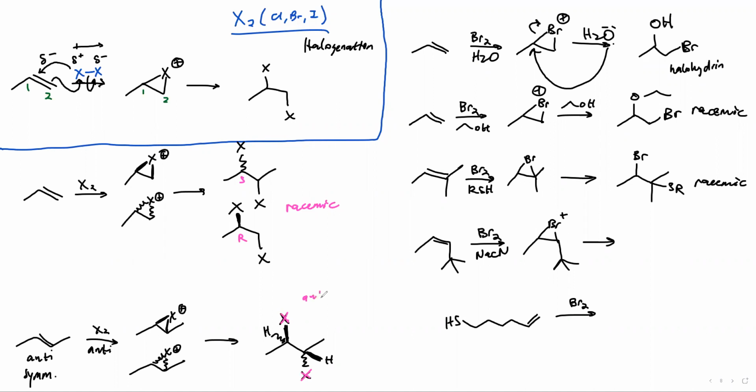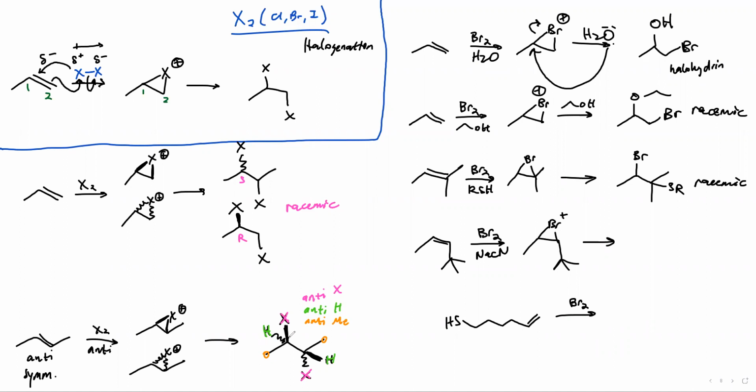Those are anti. If we look at the H's, again, like group, let me use a different color actually. Those are also anti, like they're opposite of each other. So anti-H, anti-X. And if we look at the methyls, the like groups, they are also anti.